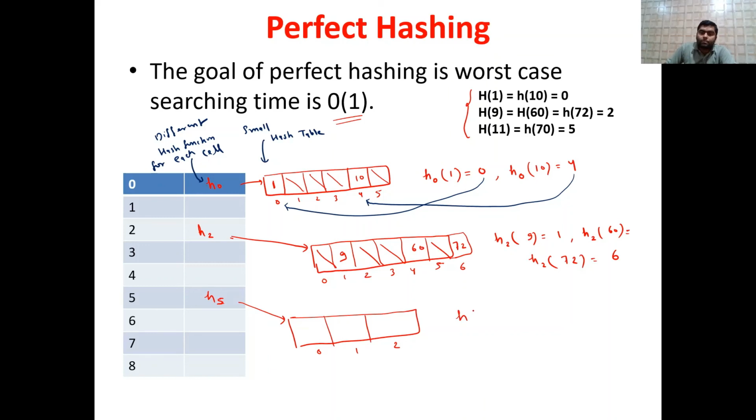You applied h5 on 1, so h5 gave 0, and you applied h5 on 70, so this will return 2, say for example 2. So ultimately 1 will be stored at the 0th position and 70 at the second position, so this place will be empty.